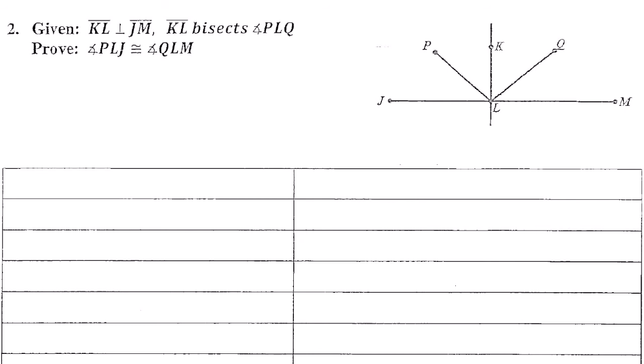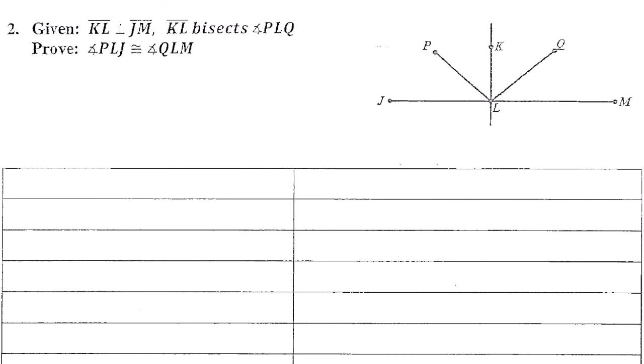The reason we have to do that is because we're going to use the angle addition postulate to say that this angle and this angle add up to this angle, right? And you can do the same thing over here. And the angle addition postulate uses their measures. And you want the measures anyway because you want to be able to use the substitution property of equality and things like that, and the subtraction property of equality.